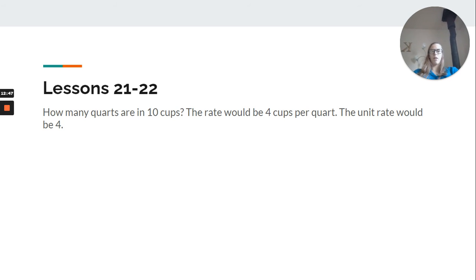So our answer is actually going to be 10 cups over 4, which divided out would be 2.5 quarts in 10 cups. Sorry, that's so confusing. 2.5 quarts in 10 cups. 2.5 quarts equals 10 cups.